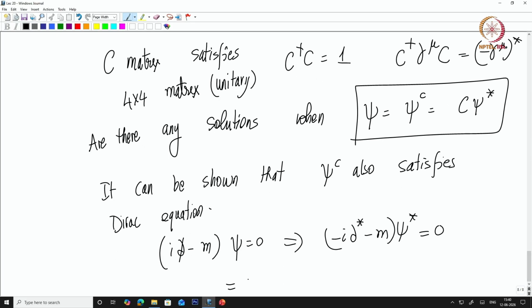So, this is equal to C(−i∂̸* − mψ*), which is equal to (i∂̸ − m)ψ^c = 0.